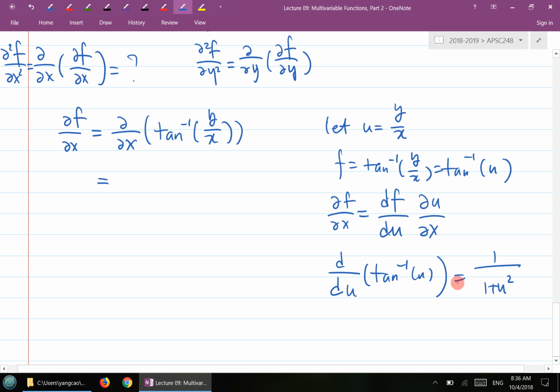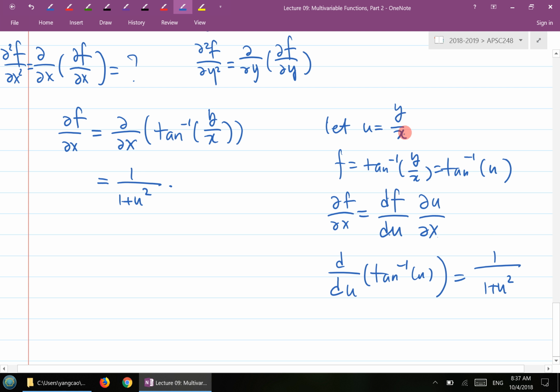Okay, so now I'm going to plug everything into this formula. Basically, we first calculate df over du, and then calculate partial u over partial x. So I have 1 over 1 plus u squared for this term, and then partial u over partial x.